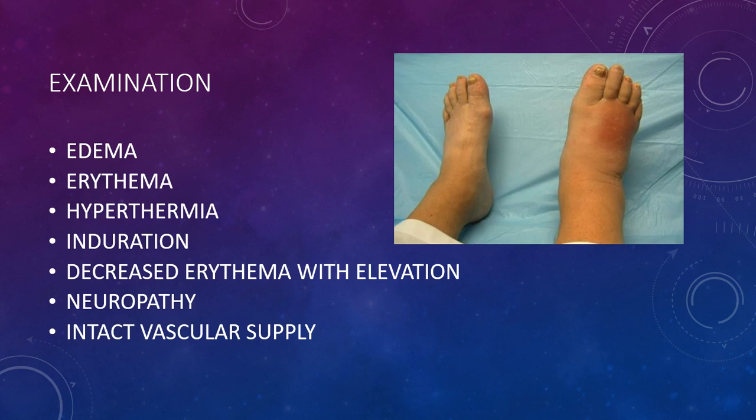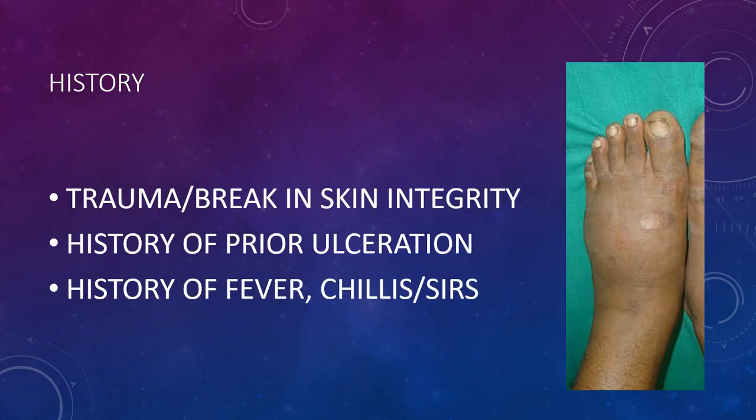And typically, but not always, there is an intact vascular supply, and it is a mistake to assume that Charcot's joint disease and vascular disease are mutually exclusive, because there are patients that have a Charcot joint that have evidence of peripheral vascular insufficiency.